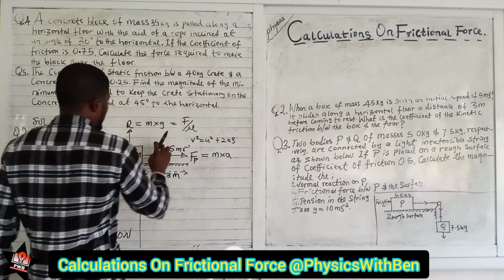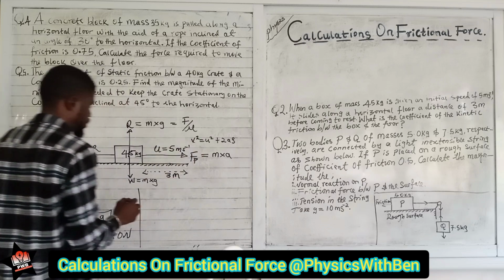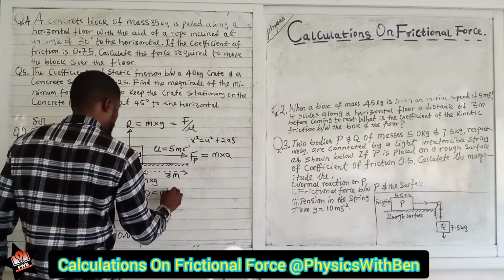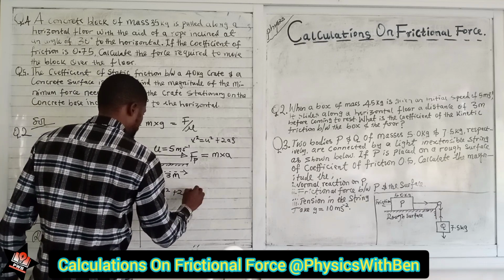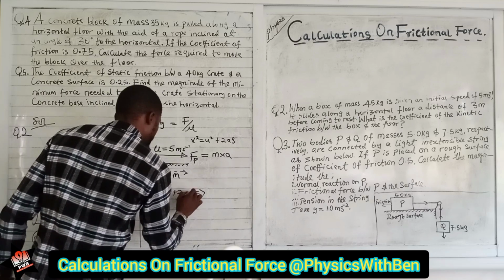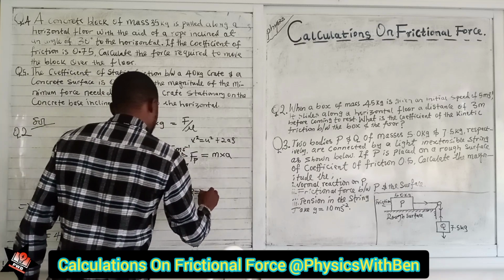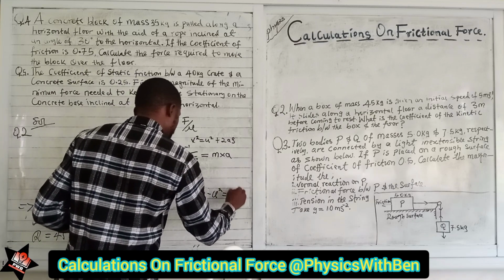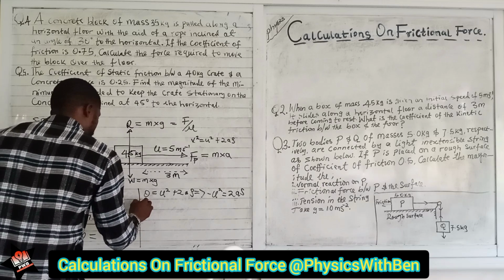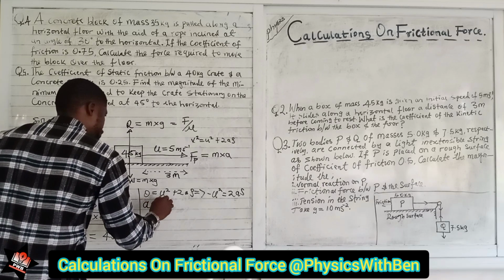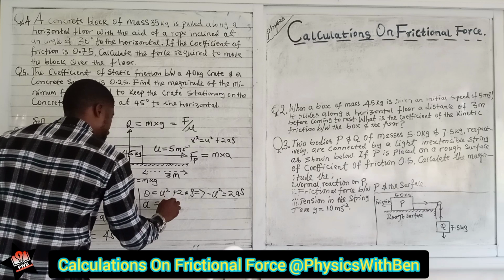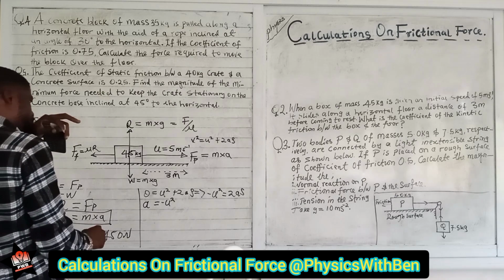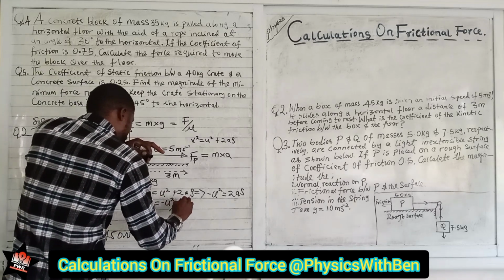So since the initial velocity was given, it means that our final velocity was 0. So we have it that 0 is equal to u squared plus 2as. So this implies that minus u squared is equal to 2as. So our a is equal to minus u squared divided by 2s.